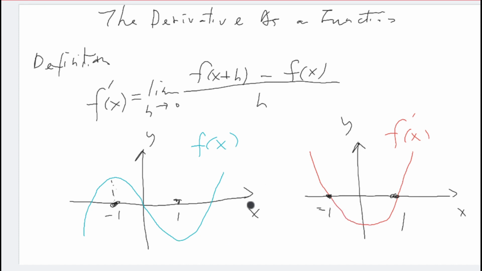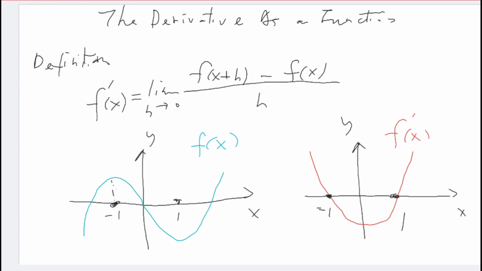Anyway, graphically, we can verify too. No matter what you have as a derivative, it's a function for sure. All right.